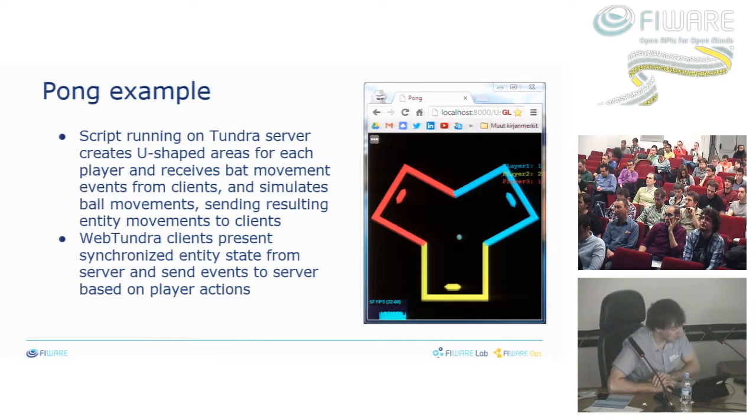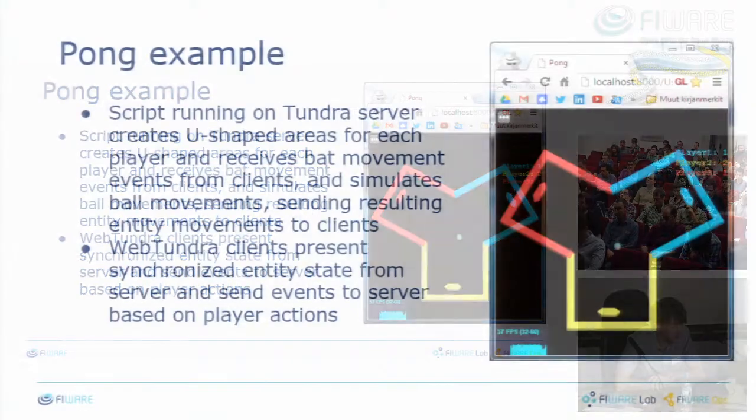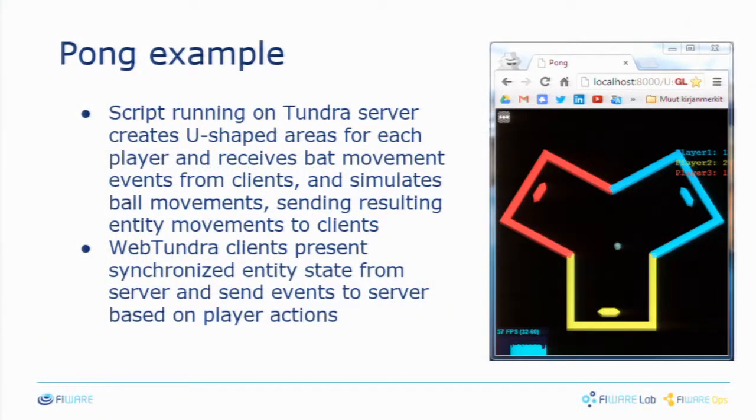Yeah, that's the 3-player Pong then, where the WebTundra, as you can see here, runs in the usual Chrome. It does all this rendering within the browser, and the Tundra server creates those entities like the U-shape areas for each player and receives the bat movement.